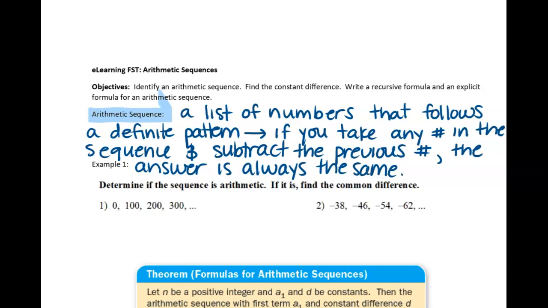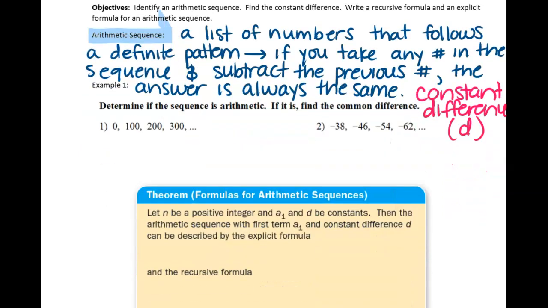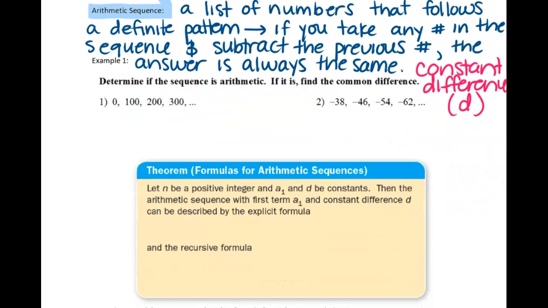And this value is called the constant difference. We refer to it as D. So first, we'll determine if the sequence is arithmetic, and then we'll find the common difference D.